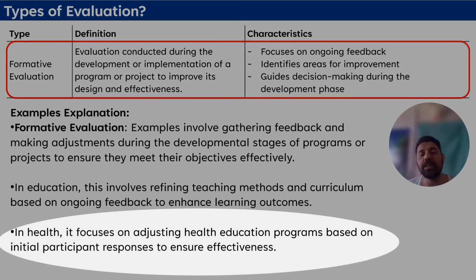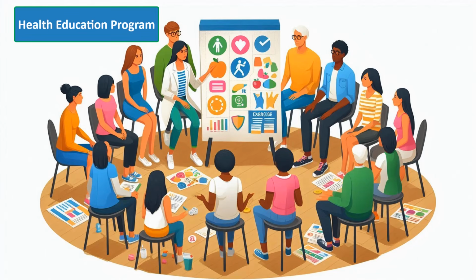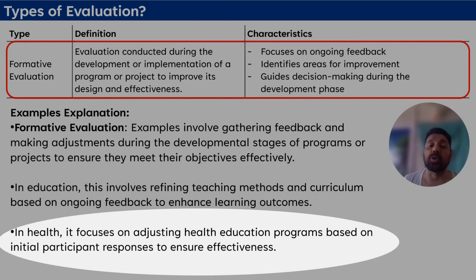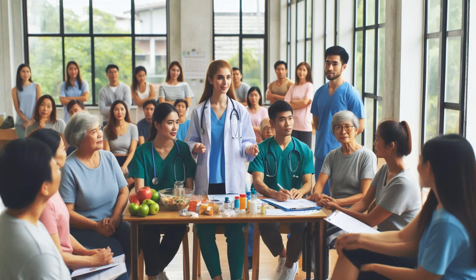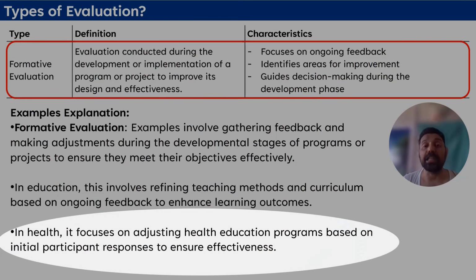In health, it focuses on adjusting health education programs based on initial participant responses to ensure effectiveness. If you are implementing a health intervention, formative evaluation would give you insights about your program activities, like participant responses, to ensure that the activities are effective, efficient and impactful for the beneficiaries.